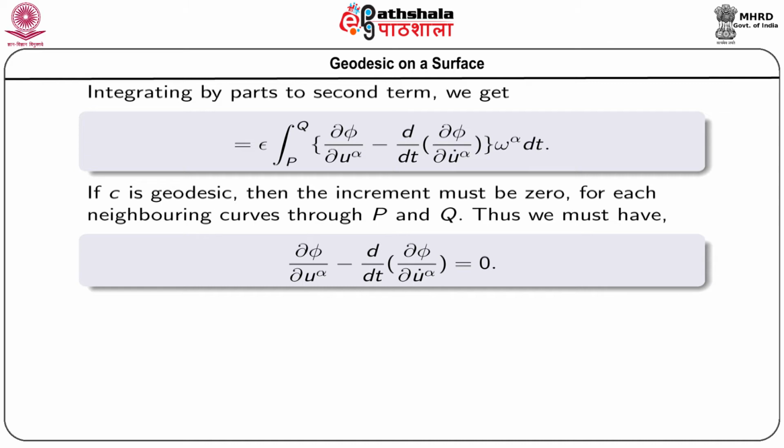So, the integrand must be equal to 0, that is del phi by del u alpha minus d by dt of del phi by del u dot alpha equals 0.